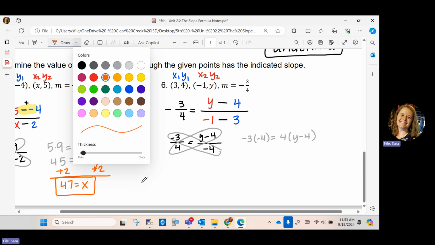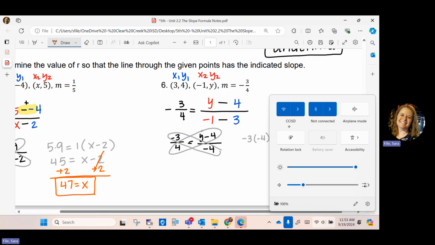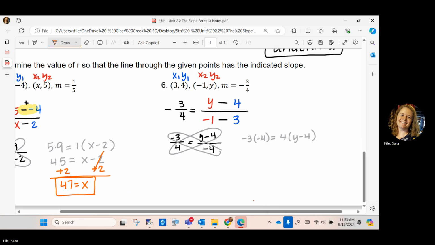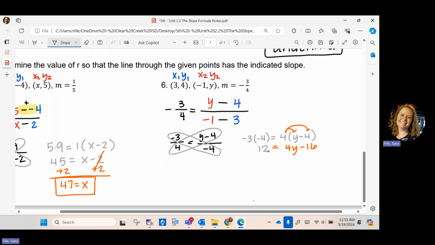Over here, in this last problem, that 1 did not have to be distributed because it was just a 1. Here, I do have to distribute this 4. That becomes 4y minus 16. And then over here, -3 times -4 is positive 12.